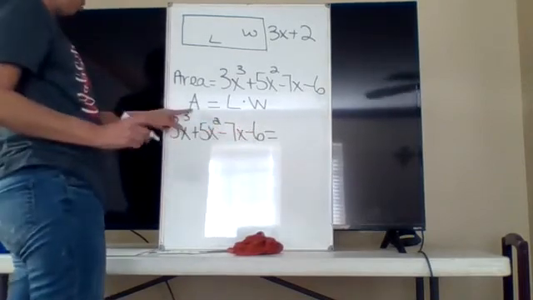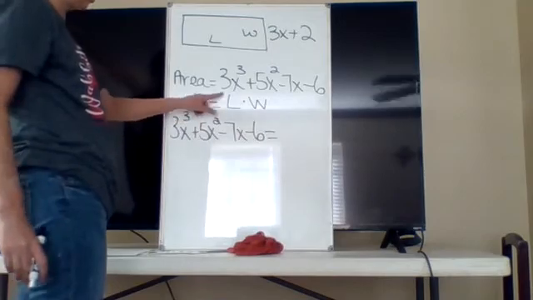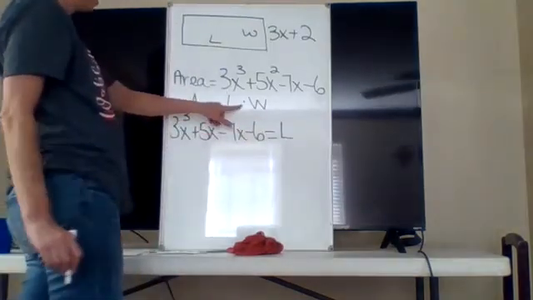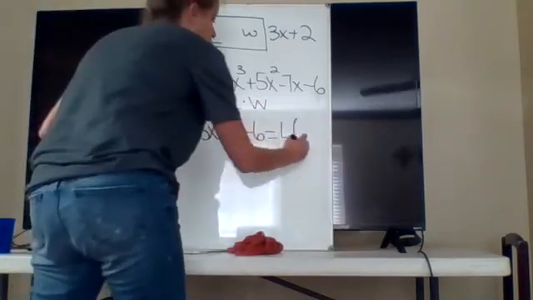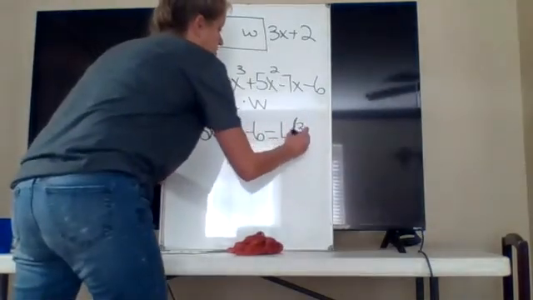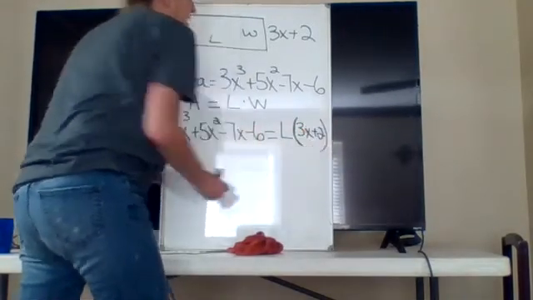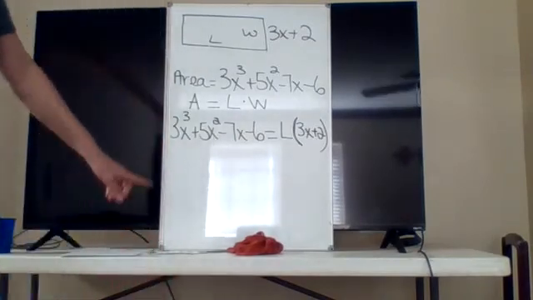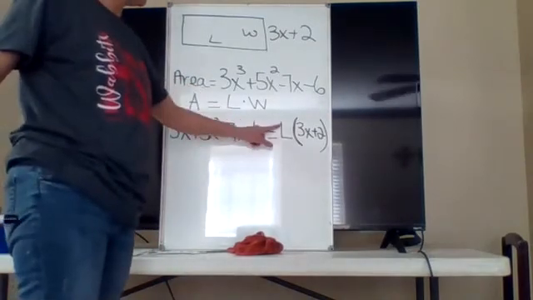That's what I put in place of area. It's equal to the length, which I don't know, times the width. I do know the width: 3x plus 2. So it's asking you to find the length, which means it wants this by itself.